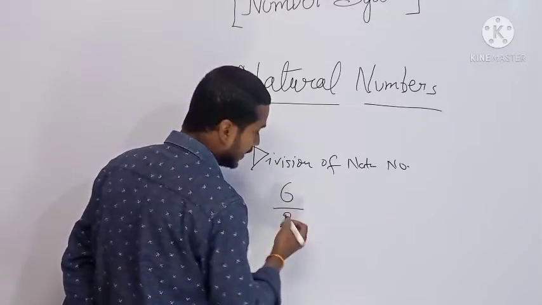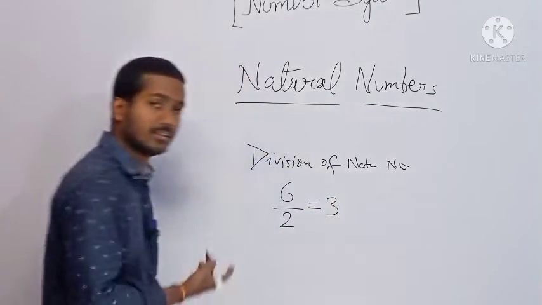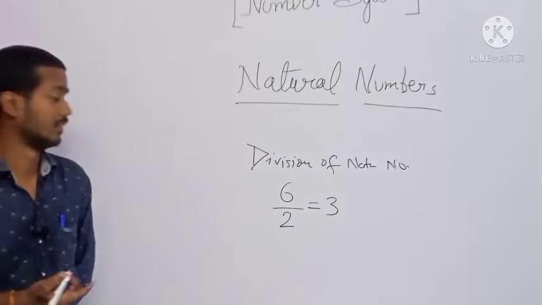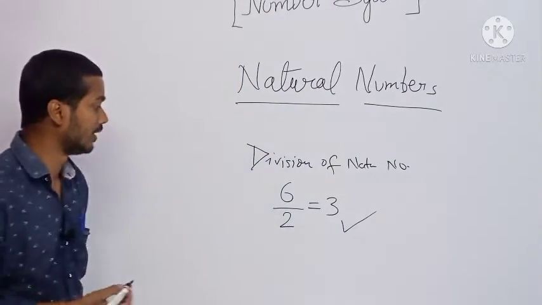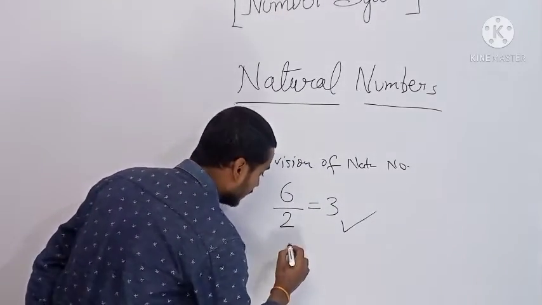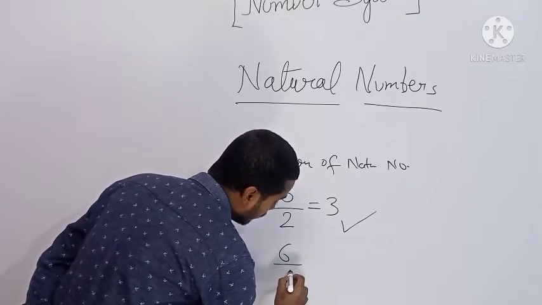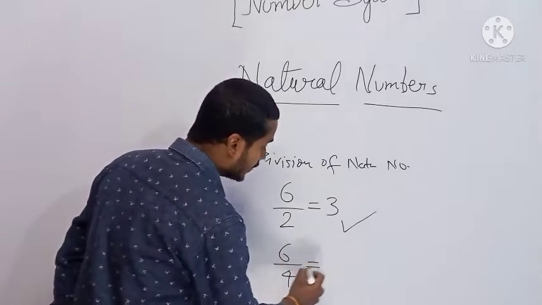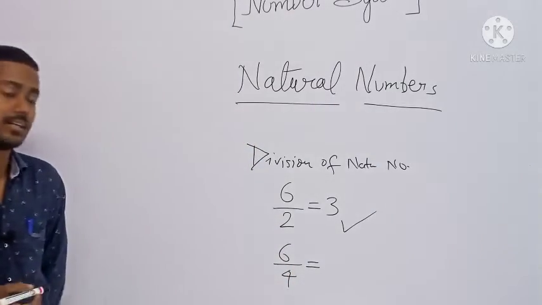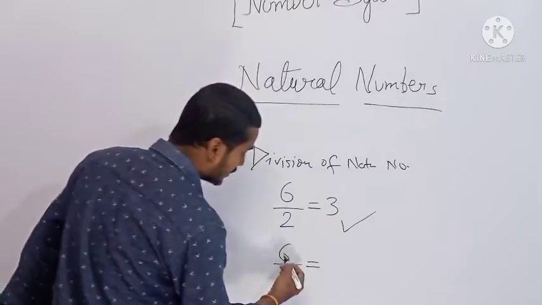We divide it by 2 and we get 3 as a result. 3 is a positive integer, so it is a natural number. Let's check another example, 6 divided by 4. Is it possible to get an integer as the quotient? No.